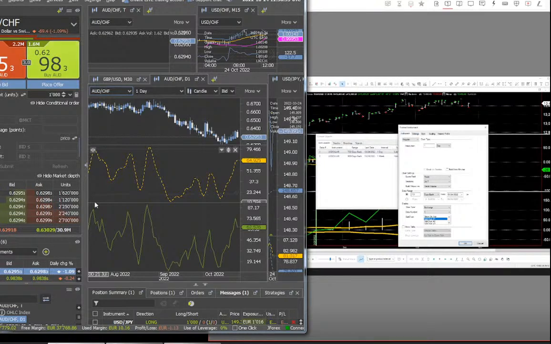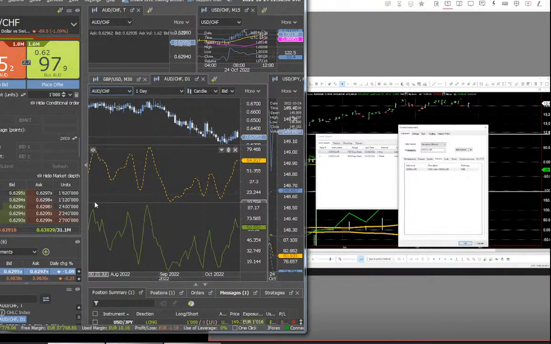Let's see. Instrument. And we go cash. And we go, let's see, was that AUD? AUD. Well, that didn't work. There we go, like that. AUD. There we go. Swiss.